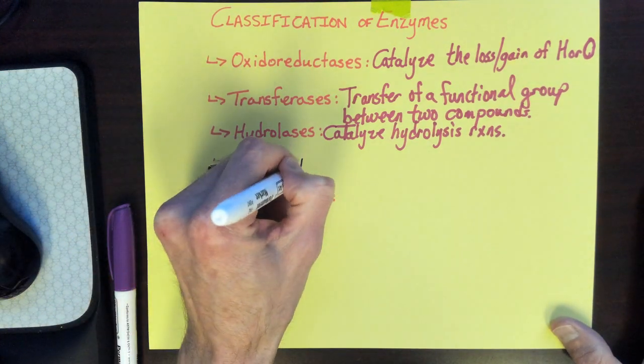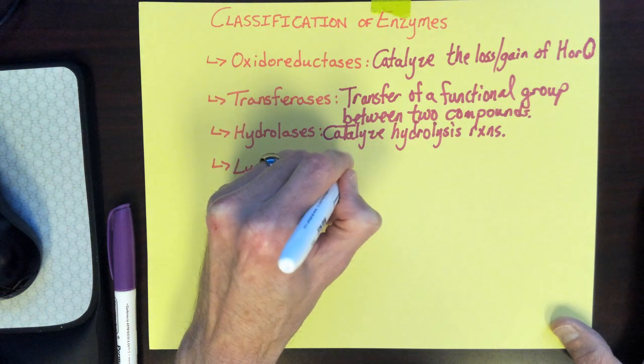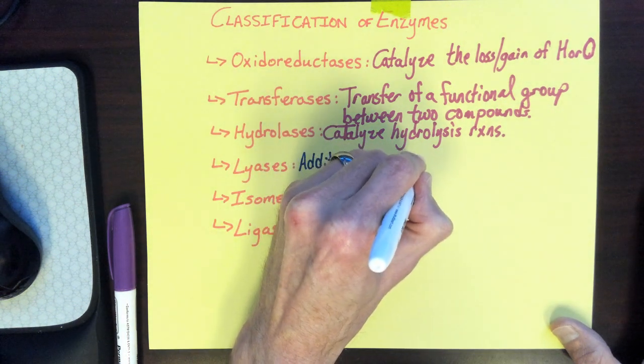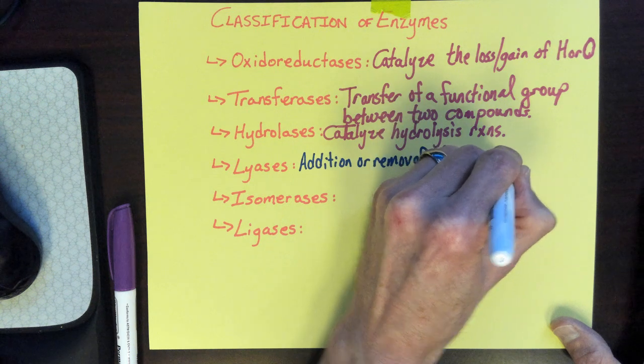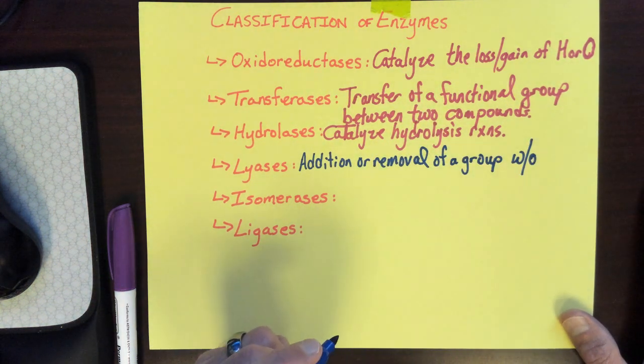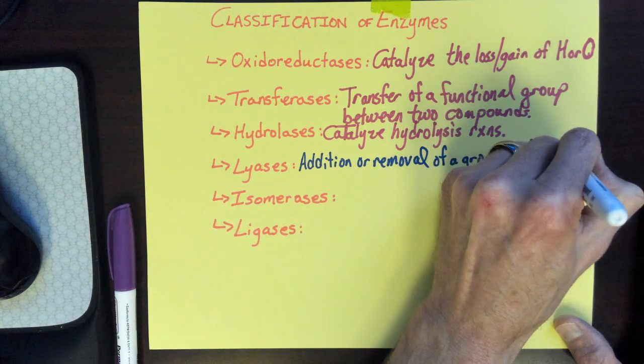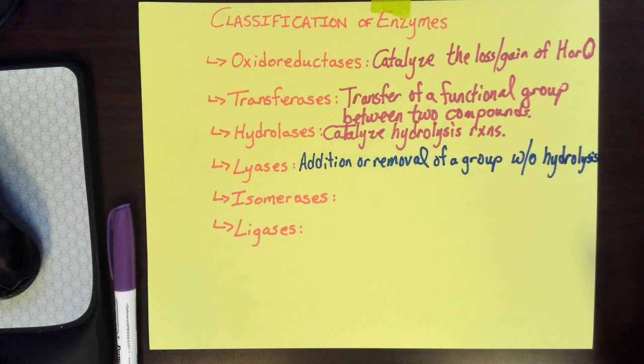So the addition or removal of a functional group without hydrolysis. An example of this: decarboxylases catalyze the removal of carbon dioxide from a substrate, or the deaminases catalyze the removal of ammonia from a substrate.